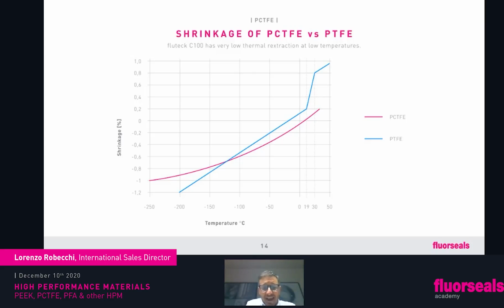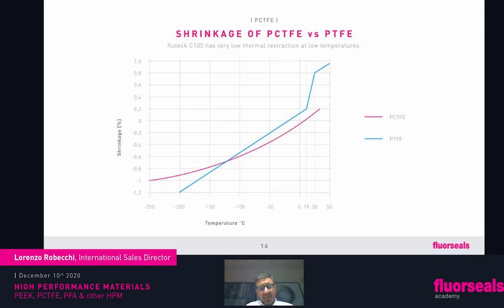If you're designing something which needs to go to minus 200 and you're using PTFE, well, this is physics, chemistry, there is no discussion. You have a 2% shrinkage. You have to live with it. PCTFE, if you look at the graph, without doing all the math, I tell you, is 1% more or less.